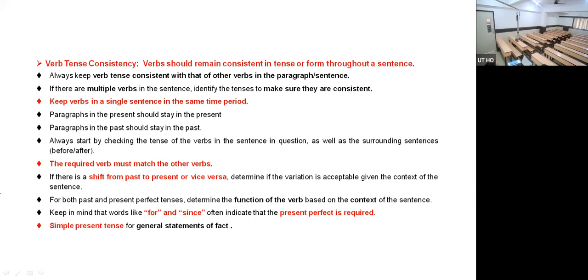And simple present tense is always used for general statements of fact. This is important. For general statements of fact, simple tenses are used, like something that usually happens. The sun rises in the morning.